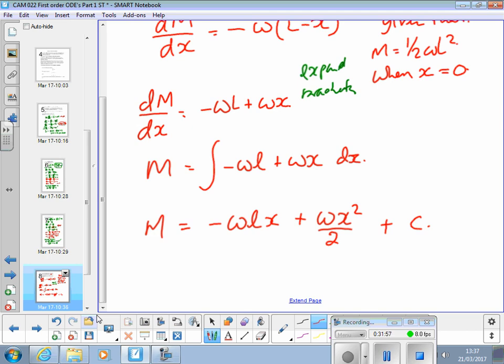And we know that M is equal to half omega L squared when x is equal to 0. So if x is equal to 0, what will this bit be worth? And this bit?